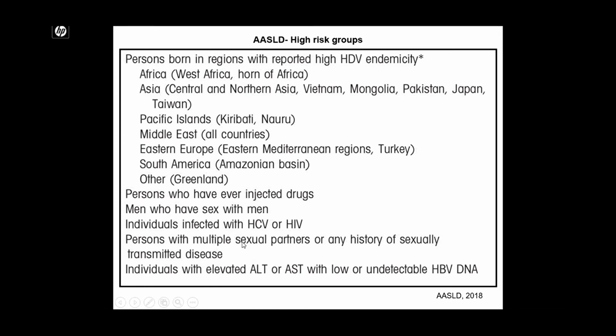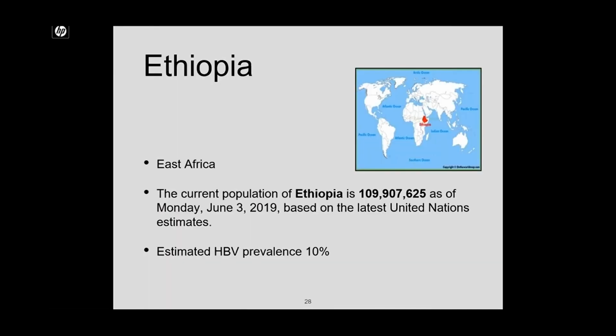We have said that sexual transmission is also an important risk. So individuals with elevated ALT and AST, so these are individuals with suppressed viral load yet having raised ALT. So these individuals are considered high-risk groups and to be tested for hepatitis delta infection.